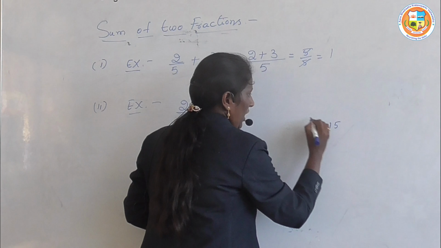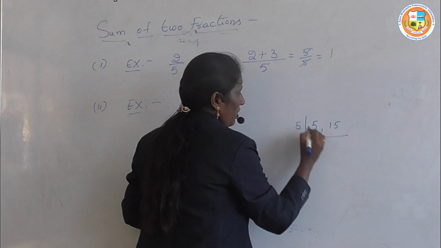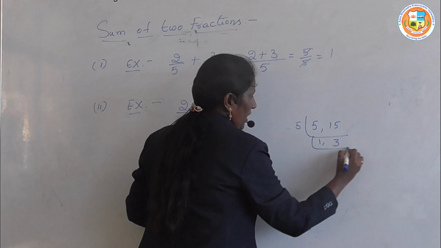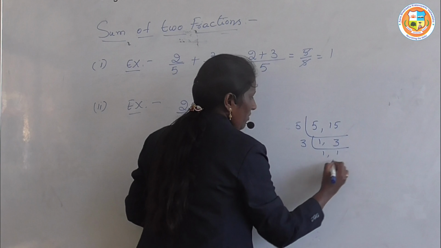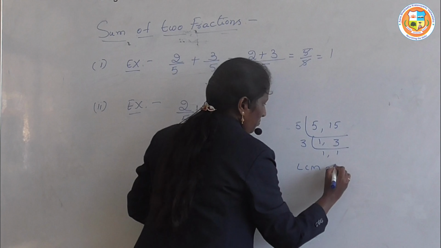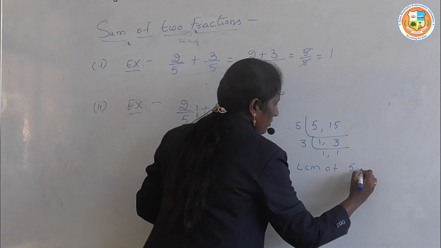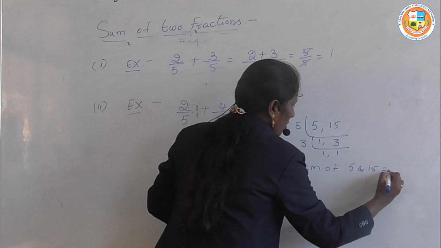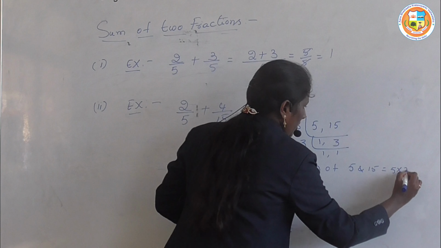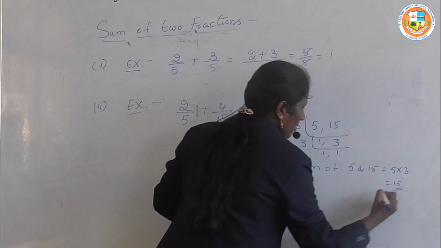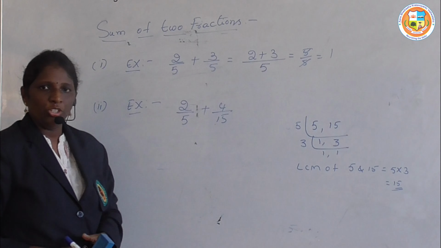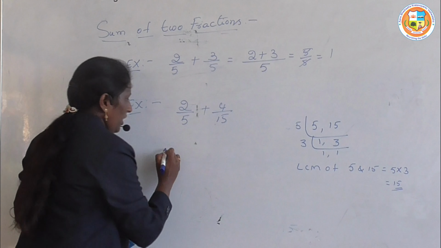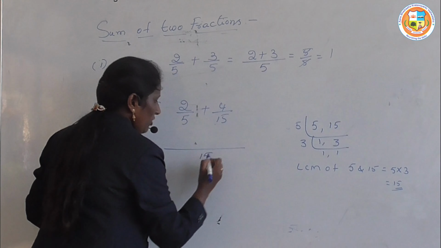The LCM of 5 and 50 is equal to 5 into 10, which is equal to 50. Therefore the LCM is 50. Now write the LCM, 50, as the denominator.